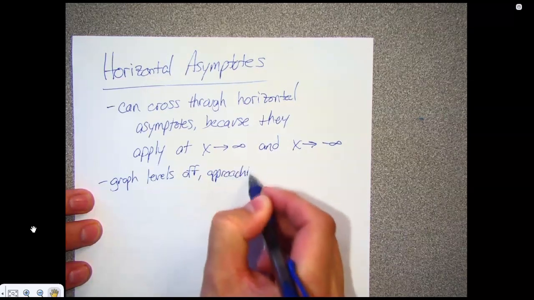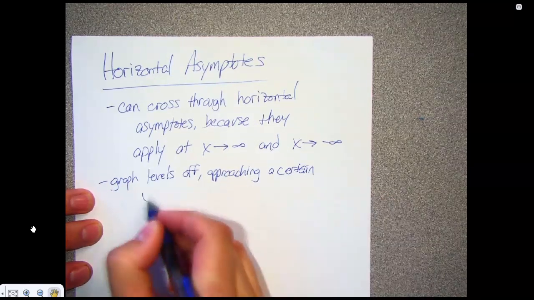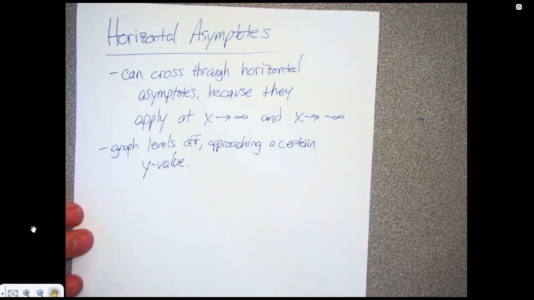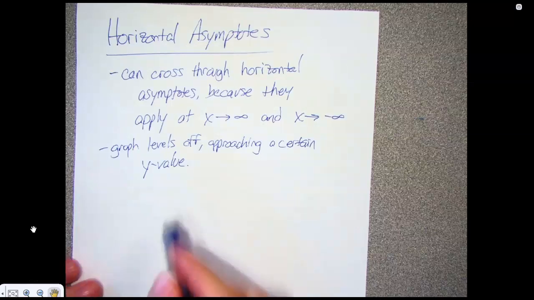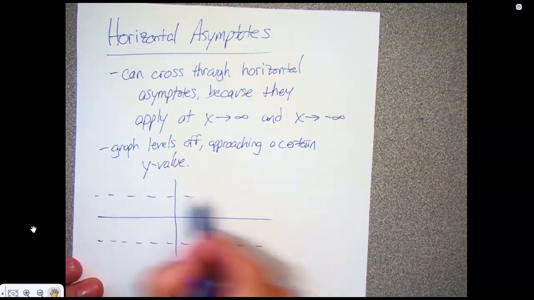It means the graph levels off approaching a certain y value. The graph can only level off all the way to the left or all the way to the right. In between, you can cross through it as many times as you want. You could have a horizontal asymptote down there and one up there.